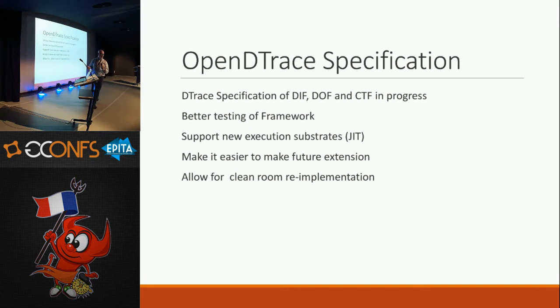People wish to not use the CDDL code. They want to have a clean room re-implementation or something like that. So if we write the specification correctly by reading the code and testing a bunch of stuff, not only do we have a way of communicating to people who wish to extend or build on DTrace how to do it, but if people want to re-implement a new version from a clean room, they can do it.